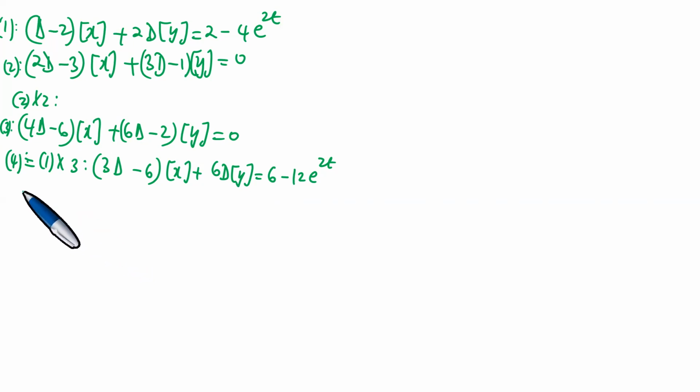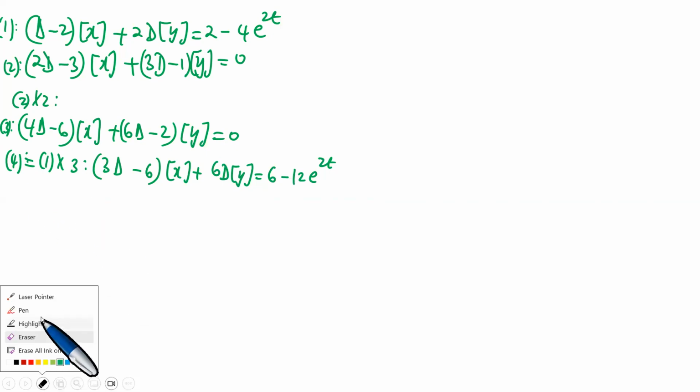So we can say equation 3 minus 4, or the other way around. You can say 4 minus 3. Right, doesn't really matter. Okay, let me just say 4 minus 3.